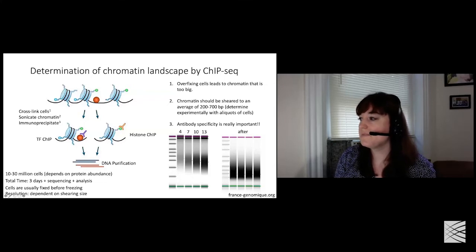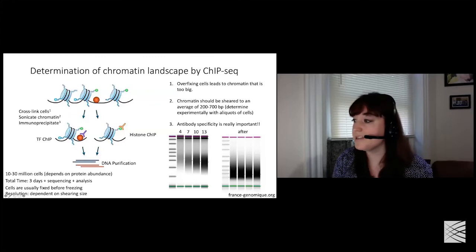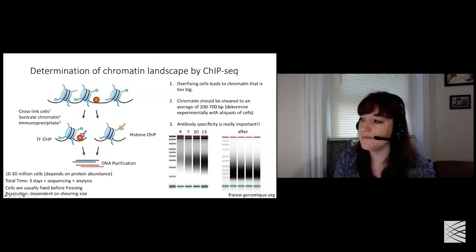So here's an example of a time course that I ran when I was first doing these ChIP-seq experiments, where I sonicated for 4, 7, 10, and 13 minutes. As you can see, the more you sonicate, the lower your DNA smear will be on the gel. However, here would be an example of a not so great shearing, because you have a ton of chromatin here that's really, really big, outside of the context of this gel.